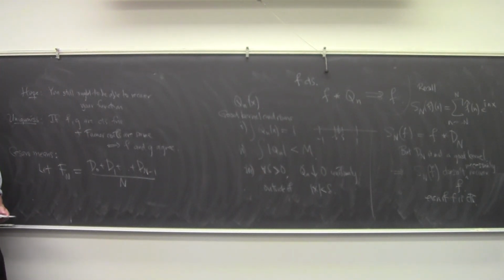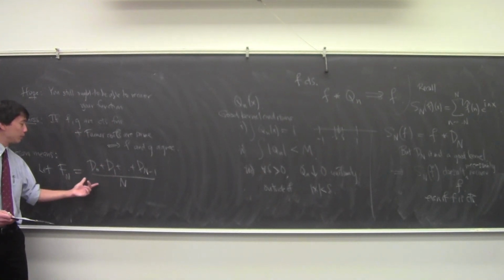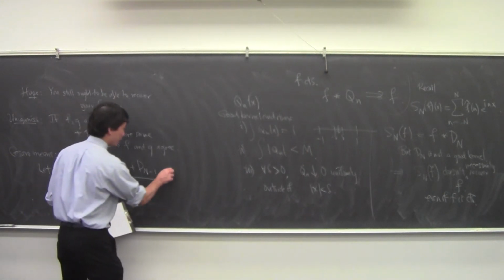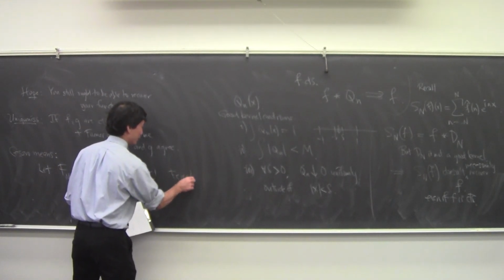So you take the sum of the first n Dirichlet kernels and then you average them. This is called the Fejer kernel. I don't know how to pronounce this.